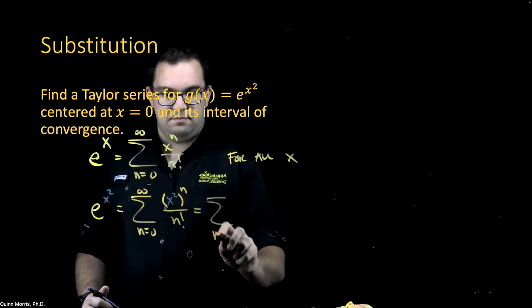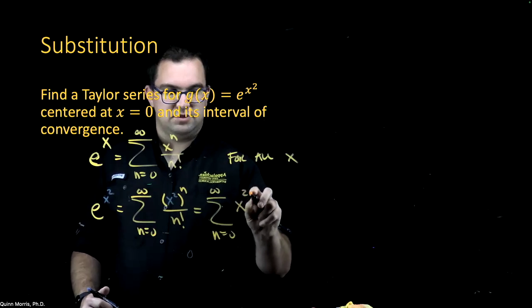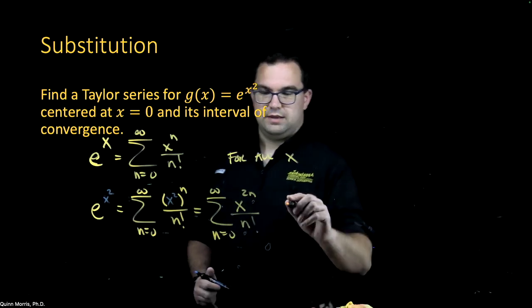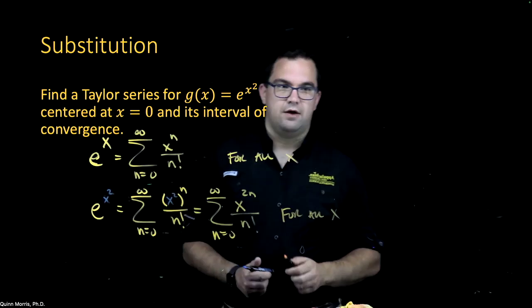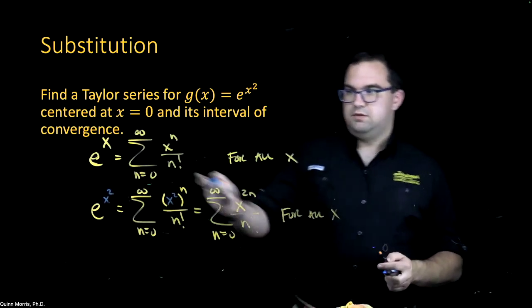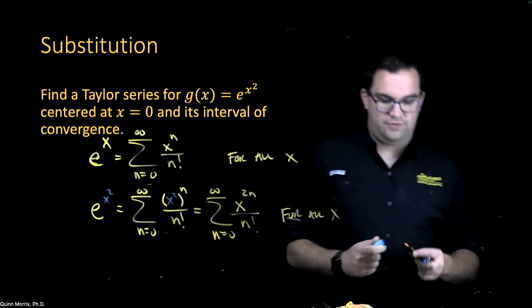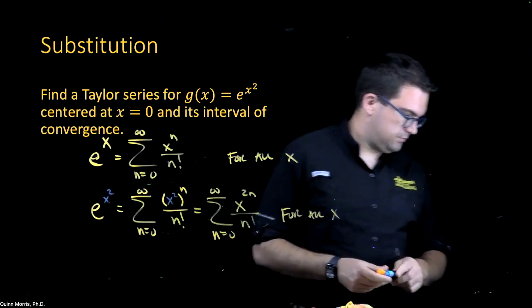And this is the sum n equals 0 to infinity of x to the 2n divided by n factorial. Okay. And again, this will hold for all x values, because this series worked for any x value I plugged in. Now I'm just plugging in a different x value, in this case x squared. This series will still converge.